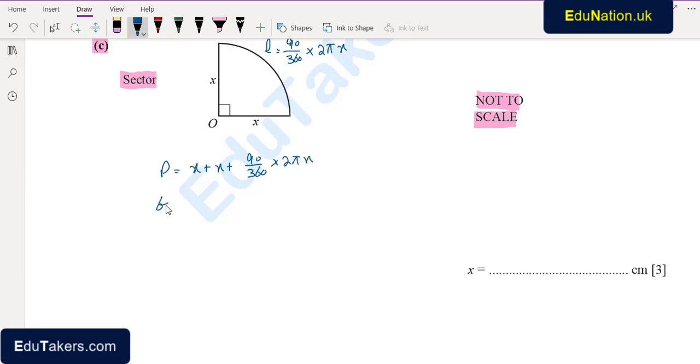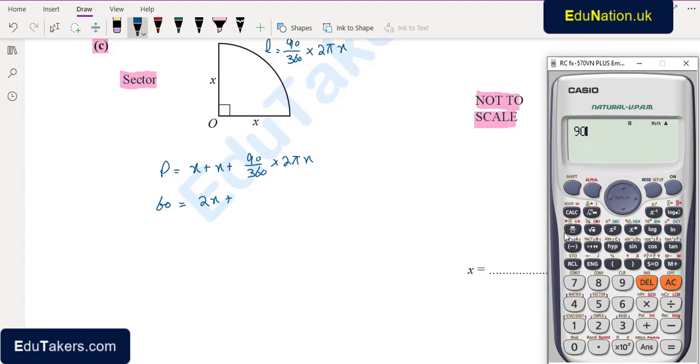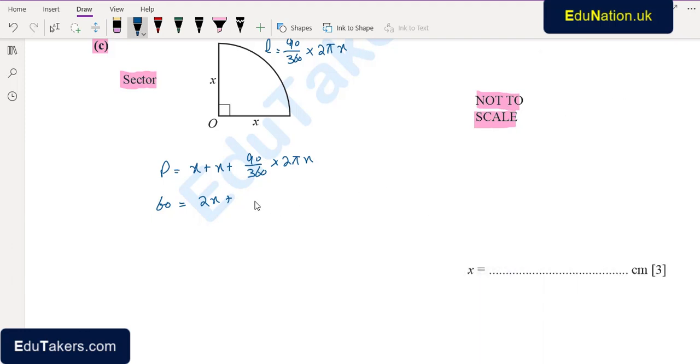Perimeter is 60 equals 2x plus 1 over 2 pi x, and taking x as common we will get 2 plus 1 over 2 pi into x.